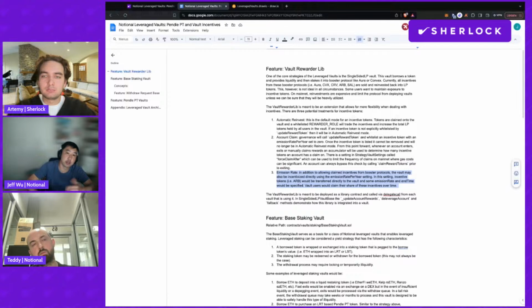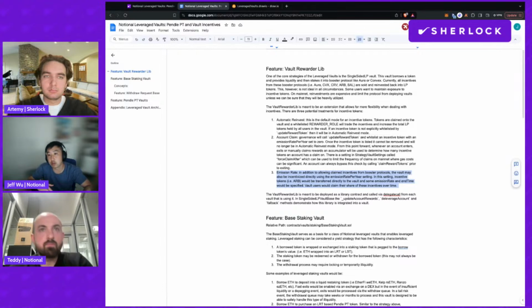So the second thing that this reward lib enables is an emission rate. What this setting allows us to do is, for example, if we're doing this on Arbitrum right now, as part of the Arbitrum STIP program, one of our leveraged vaults is receiving additional ARB incentives directly from Lido.